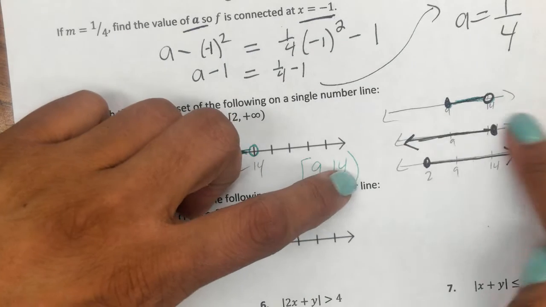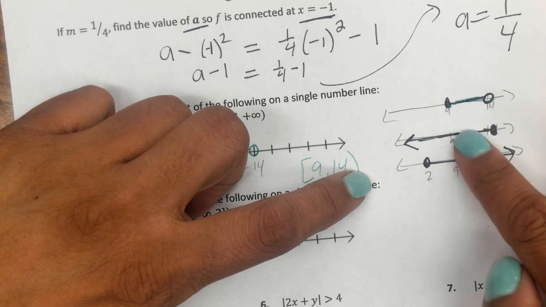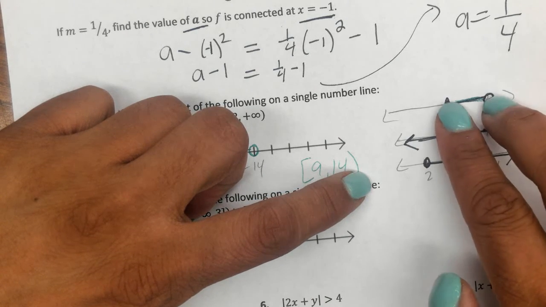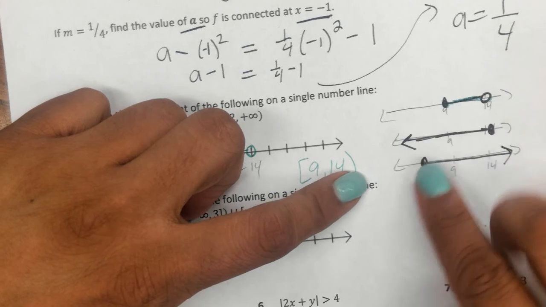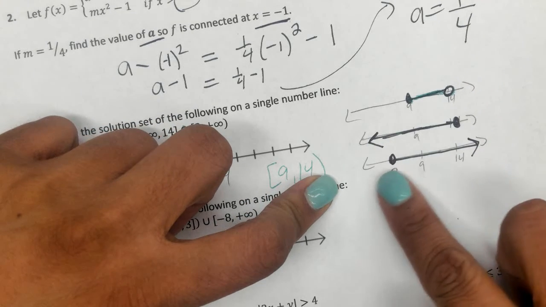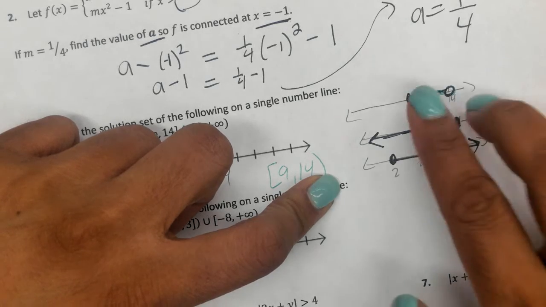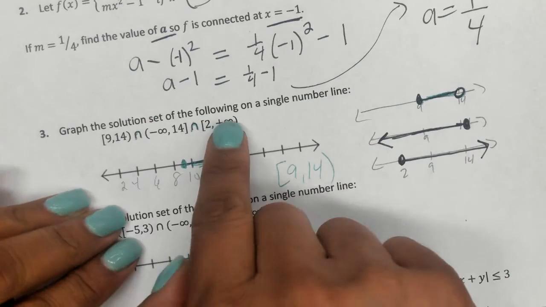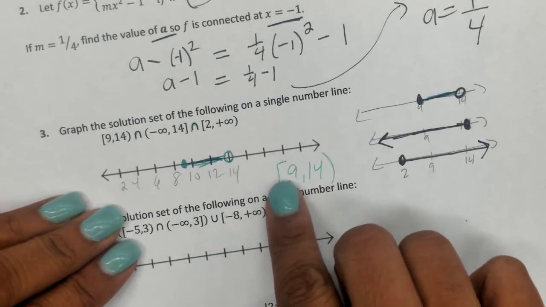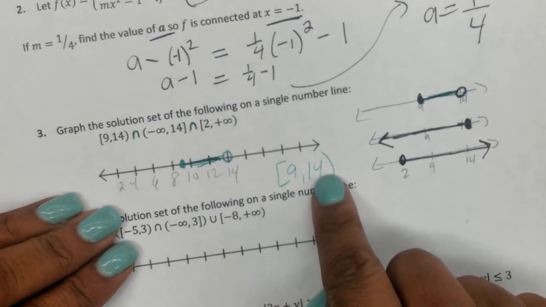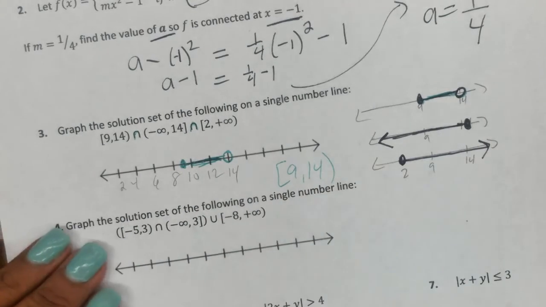And now ignore the second one because we're done with that. Then 9 to 14 and 2 going to the right, where do these 2 overlap? 9 to 14. So order doesn't matter. The answer here will be 9 starting, ending at 14, bracket on 9, parentheses on 14.